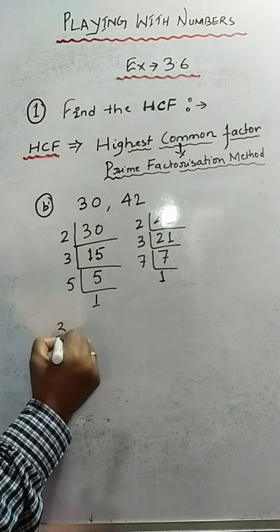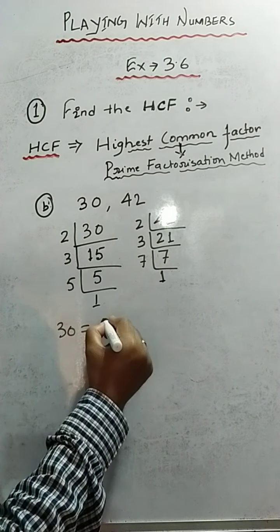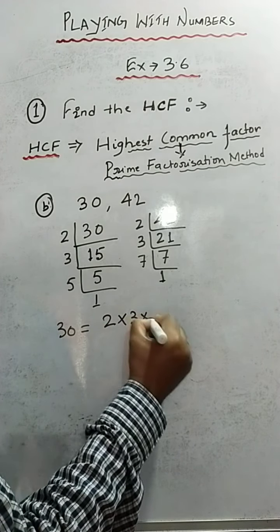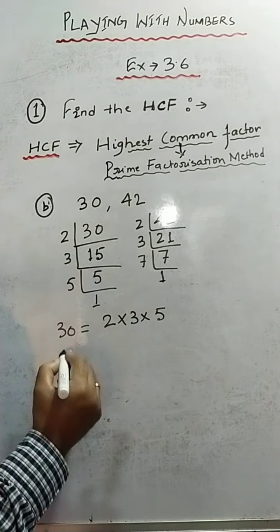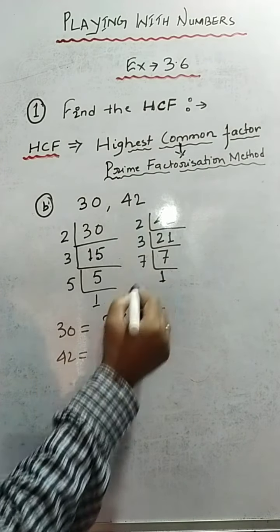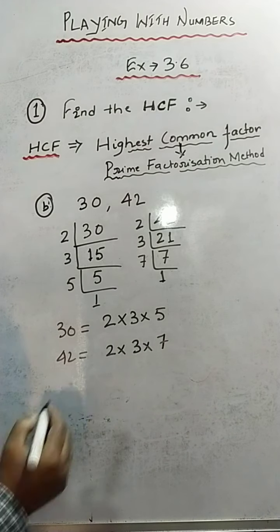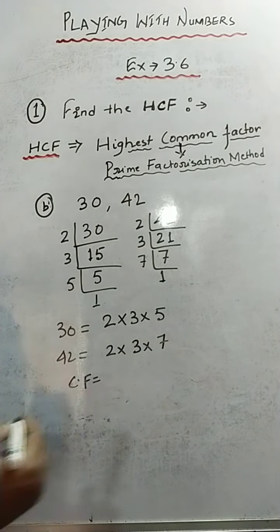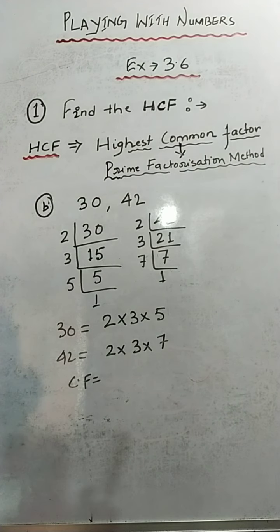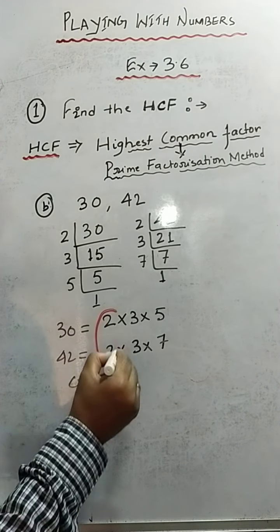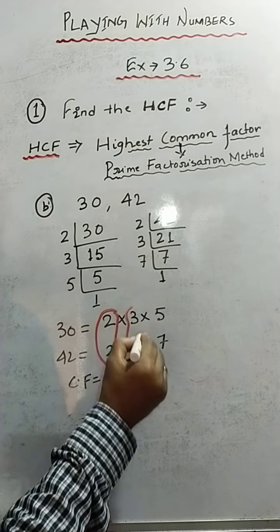So now we will write all the factors. That is 2 into 3 into 5. What about 42? 42 also we have to write all the factors. 2 into 3 into 7. Now let's write the common factors, students. So the common factors are what? Yes, 2 and 3.